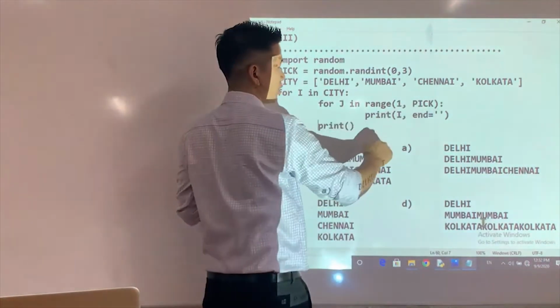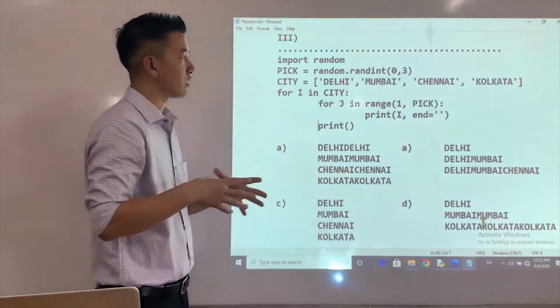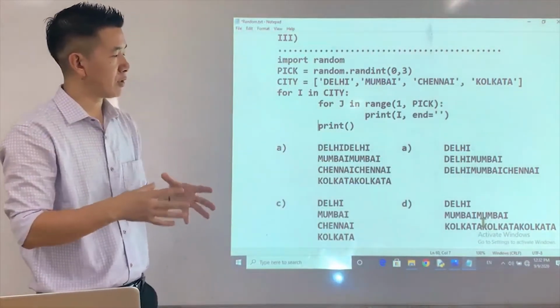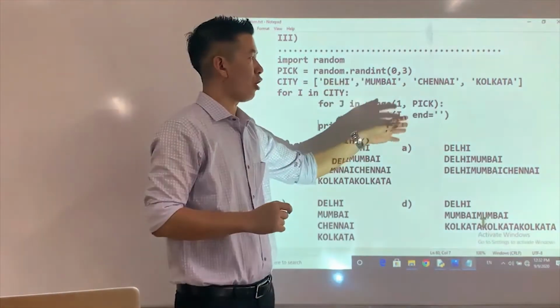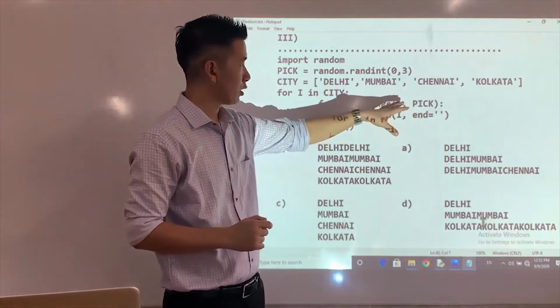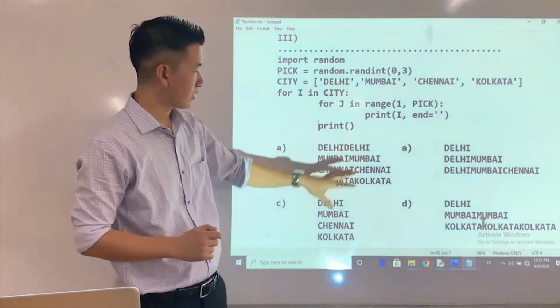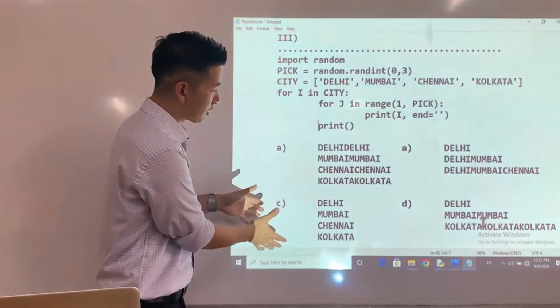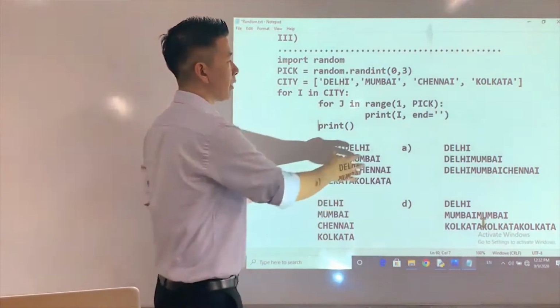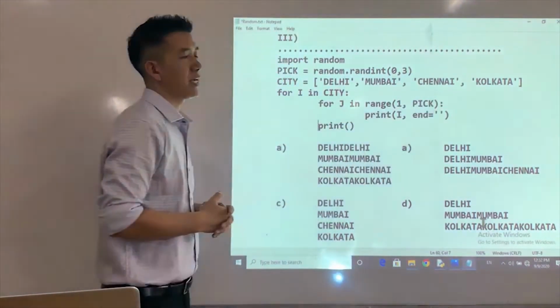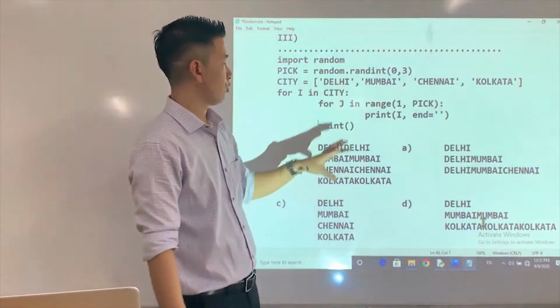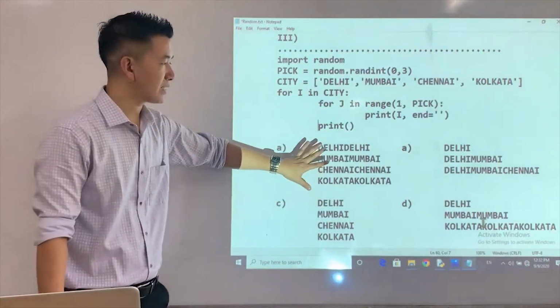So that will be our question. The only possible options left for pick are 2 or 3. If it's 2, then the loop will run just once, and you have option C as the correct option, and then the pick value could be 3, with which you have the only option available as A.